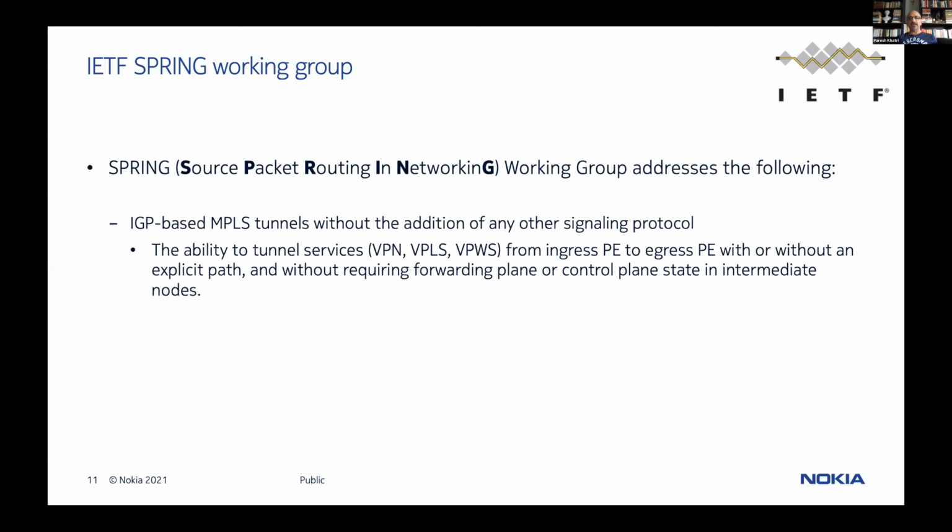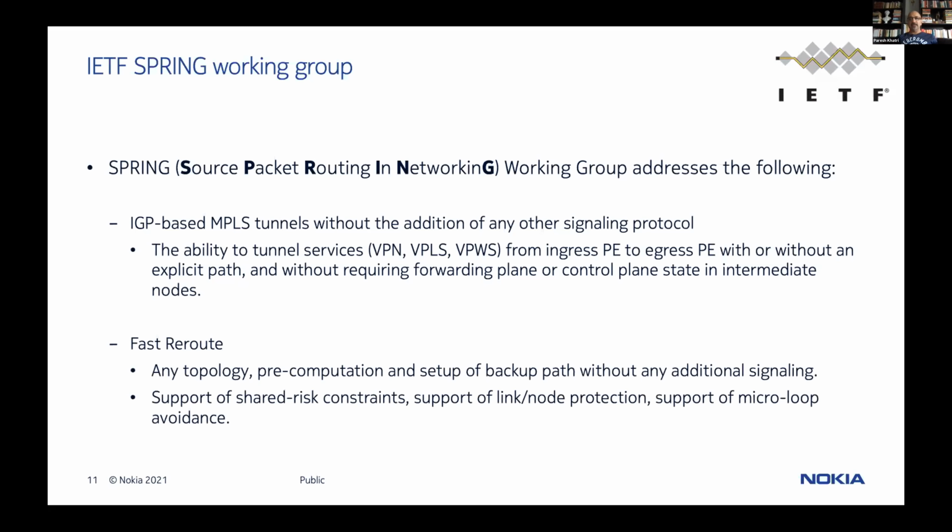So what do I mean by that? It means that we need a mechanism to do shortest path routing in an MPLS network or an IPv6 network, and I'll come to that, with information that is advertised only by the IGP. So that means that we'd like to do this without using protocols like LDP and RSVP-TE, relying on the IGP alone.